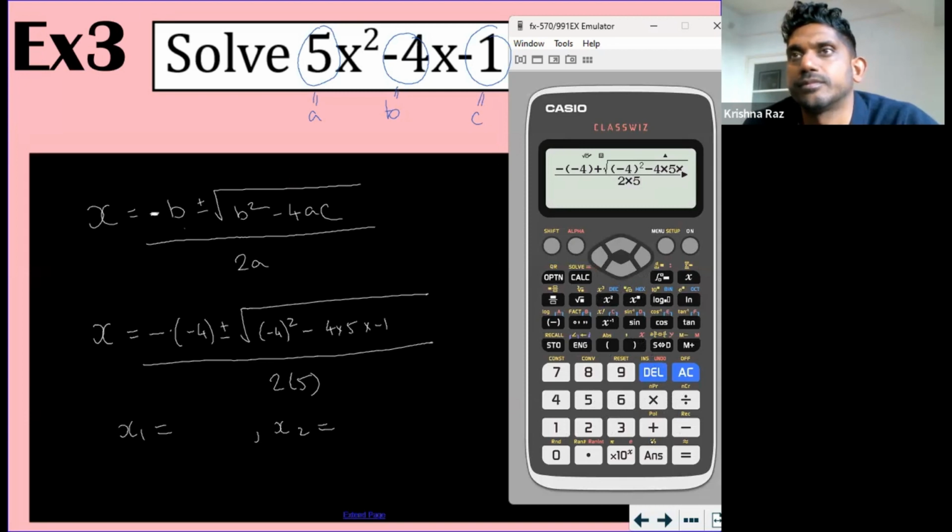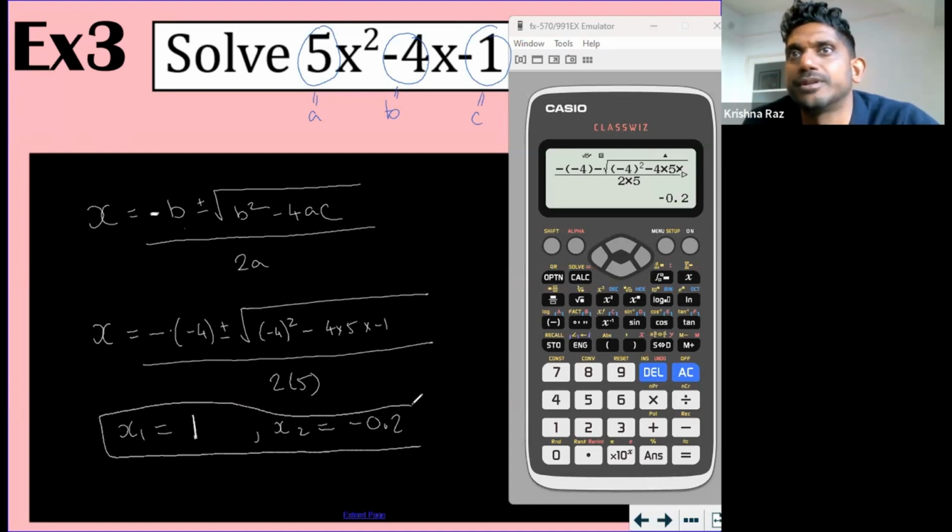That gives us the first solution, which is 1. And then when we cursor back and change that plus to a minus, we get the second solution, which is minus a fifth. So minus 0.2.